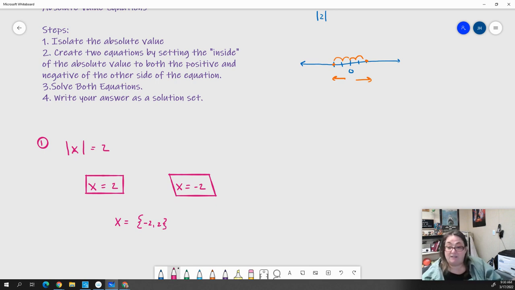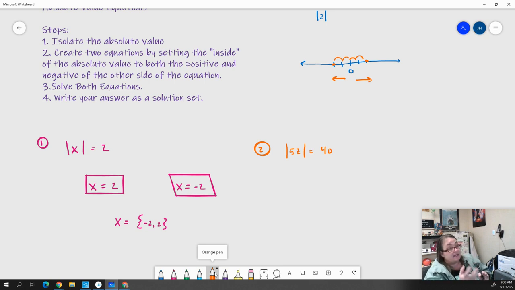So let's look at something a little more complex. What if I have the absolute value of 5z equals 40? So again, first step is done. The only thing that is on that left-hand side of the equal sign is that 5z inside the absolute value.